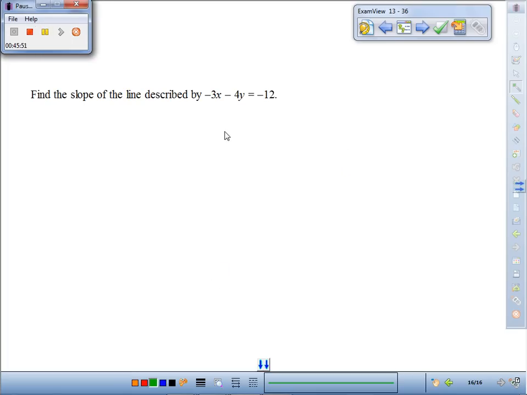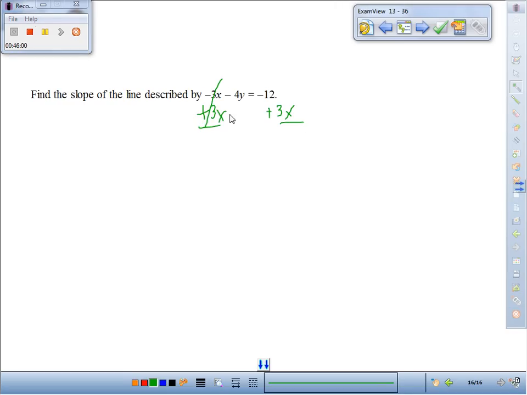All right, let's see. Who did this? Add 3x. We're left with negative 4y equals 3x minus 12. At the end, we divide by negative 4. So we're left with y equals, what is 3 divided by negative 4?